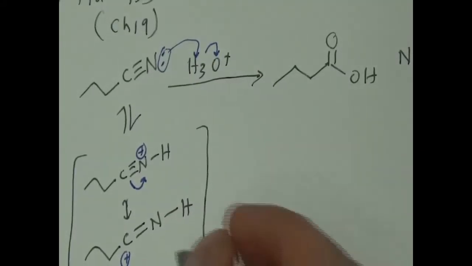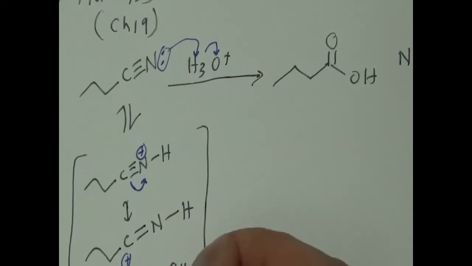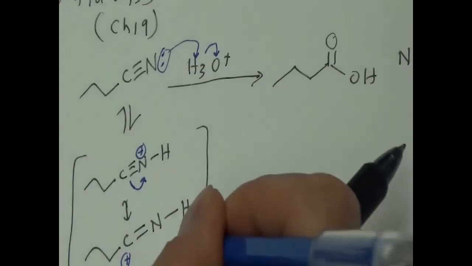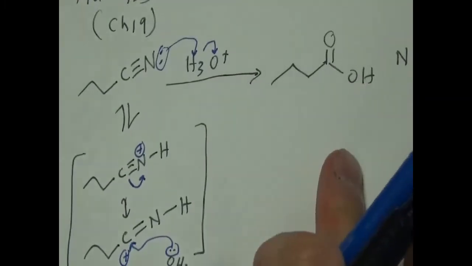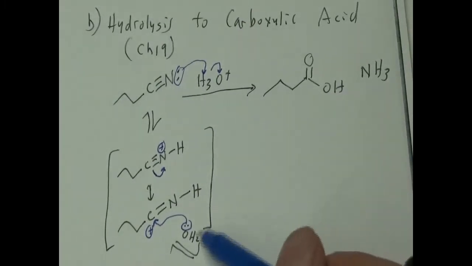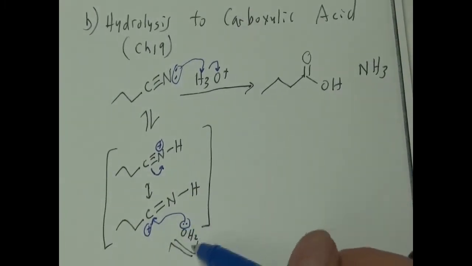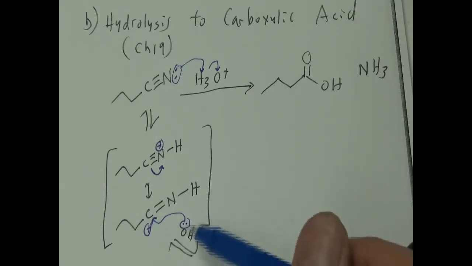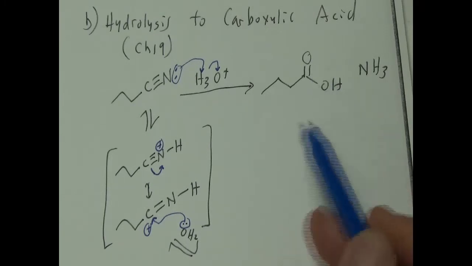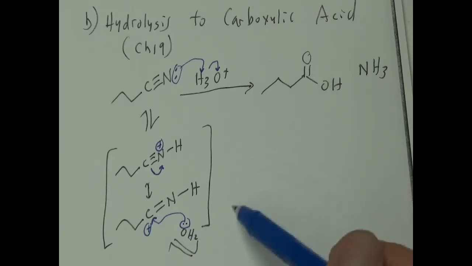And then water would attack. I'll probably stop pretty soon because you can do this, right? Water attacks, then you have a plus charge oxygen, and you proton transfer to the nitrogen, and basically at that point you can attack a second water, and then you have your two oxygens, and then just kind of keep going.